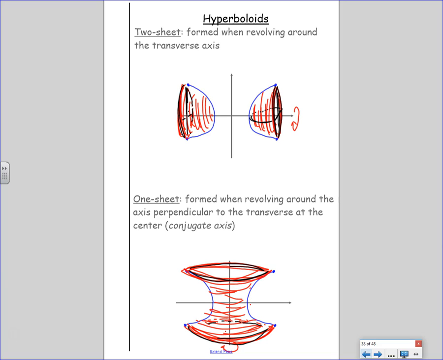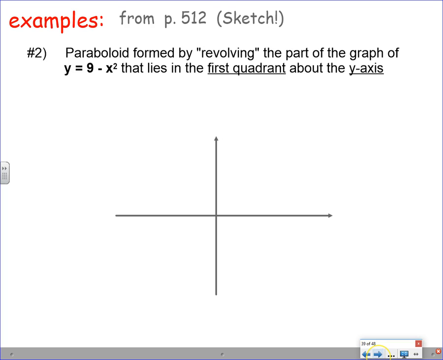So how is homework going to be different than just spin, spin, spin? This is very similar to the worksheet. I think it's actually one of the problems from the worksheet. It says, go ahead and make me the paraboloid formed by revolving the part of the graph of 9 minus x squared. How are we going to graph 9 minus x squared?